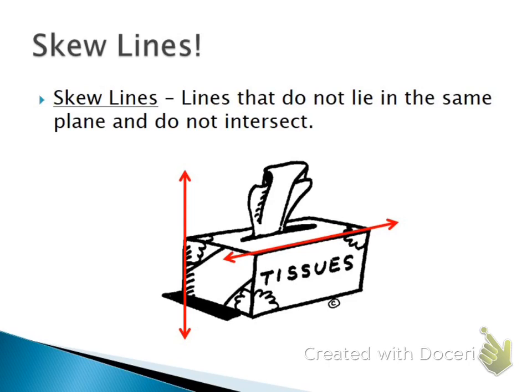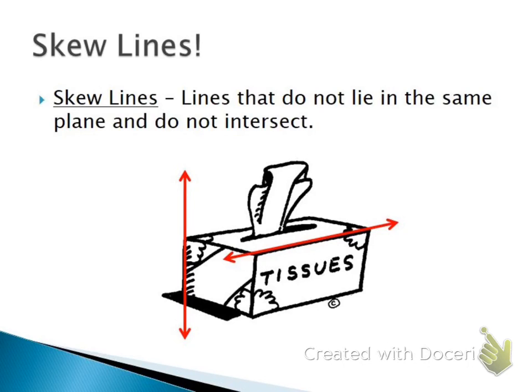Alright, skew lines are lines that do not lie in the same plane and they do not intersect. So we're given this diagram of sorts with a tissue box just to represent that this is a three-dimensional idea. If we extend one edge going straight up and down, but we come over here to this other plane and go out and backwards, those two red lines that they have there are not in the same plane.